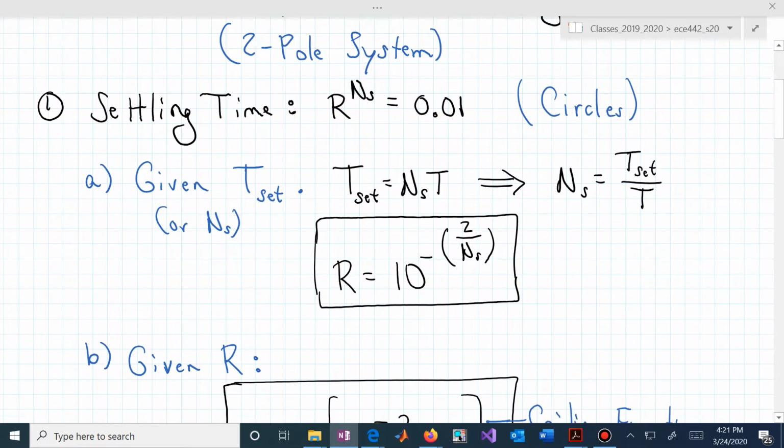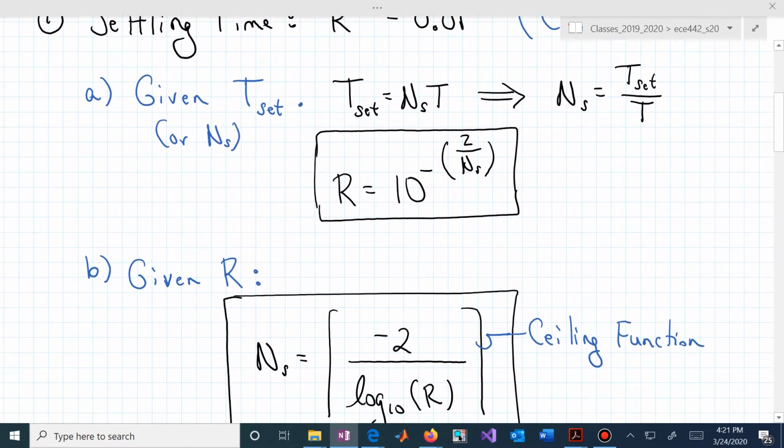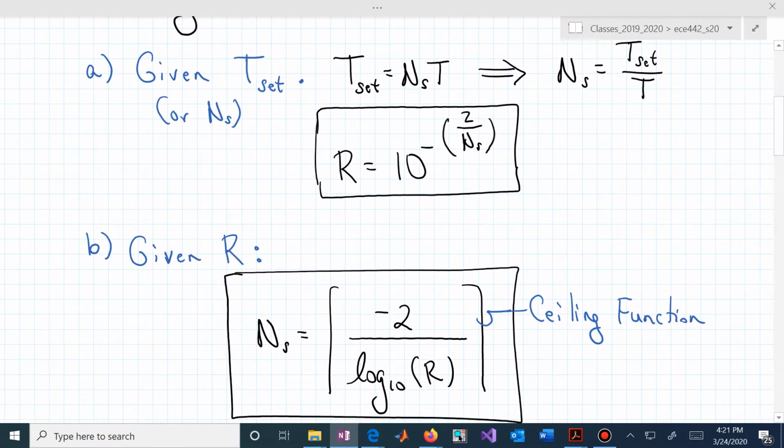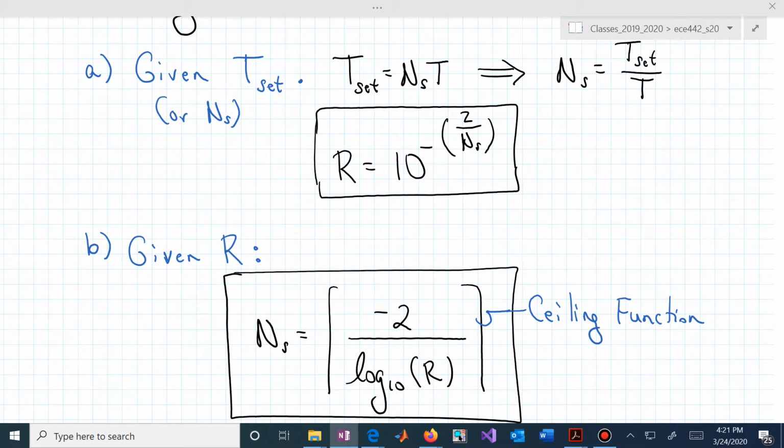Then we can derive the relationship between r and T settle, where T settle is in terms of the number of sample periods, or the number of steps to reach the settling time.